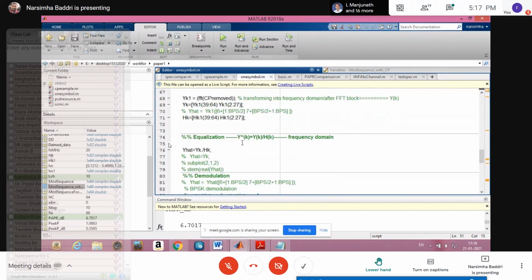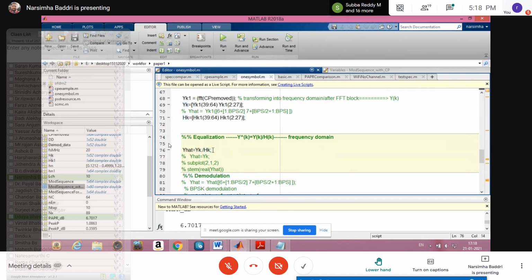Similarly, from this channel, we observe the channel in the frequency domain, and in these locations we take the channel coefficients 39 to 64 and 2 to 27, for simple frequency domain equalization. The equalized signal y hat of k is equal to y of k by h of k.